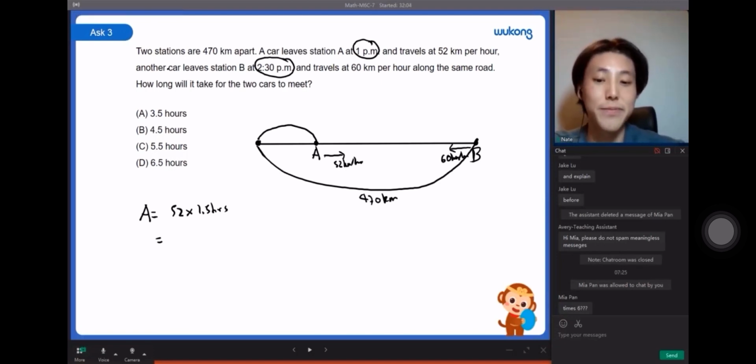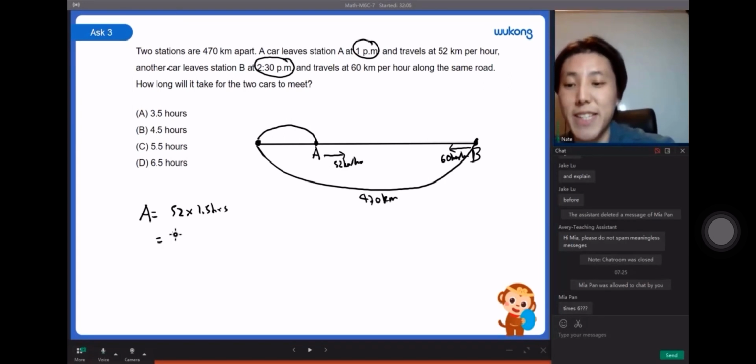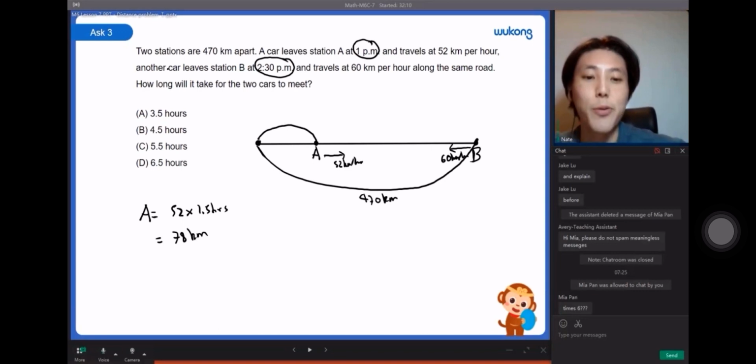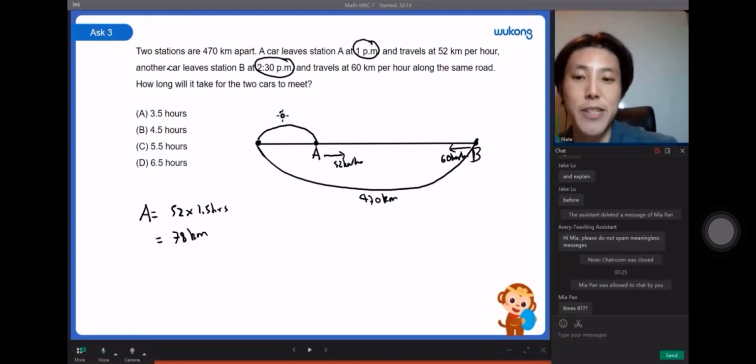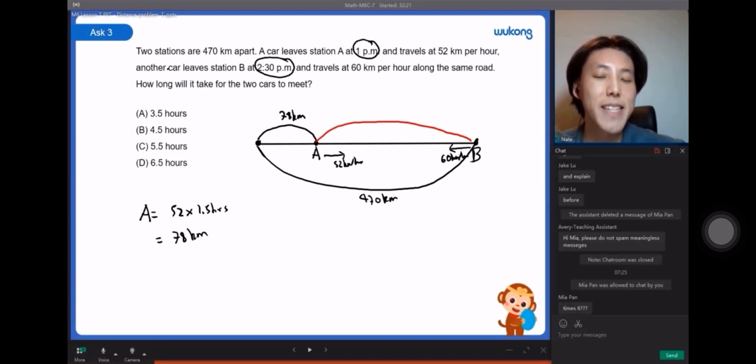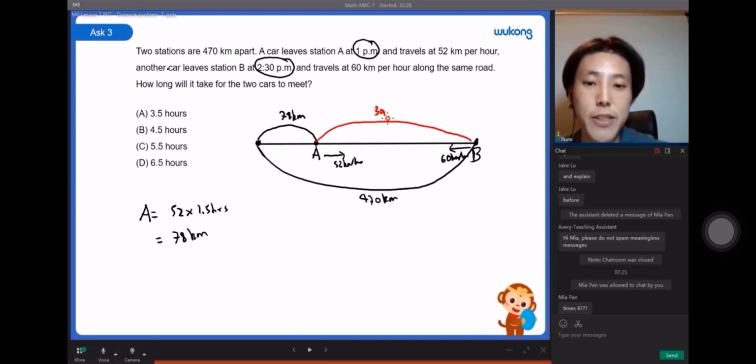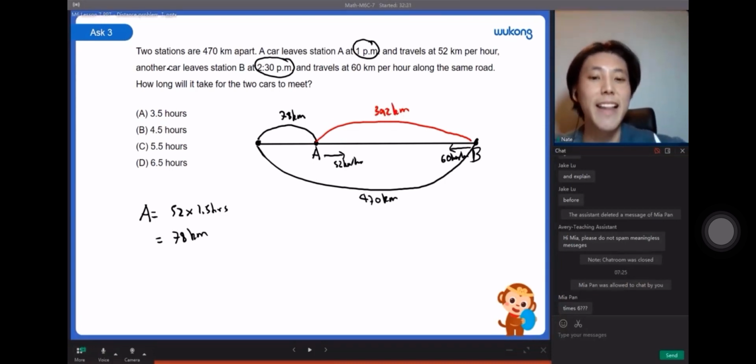It's going to be 78 kilometers. So by the time B started his journey, A has already traveled 78 kilometers. What we are interested in is the remaining distance between each other. So that would be 470 minus 78, and that's going to equal 392 kilometers. And that's the distance that you guys are going to use here.